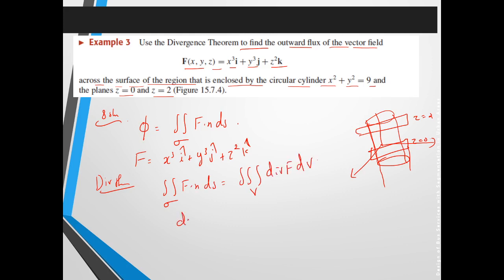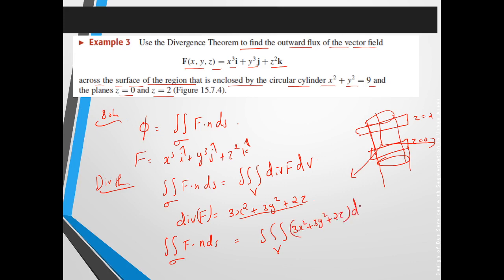Now find the divergence of F. It is 3x square plus 3y square plus 2z. So the double integral over sigma of F dot n dS is equal to the triple integral over V of (3x square plus 3y square plus 2z) dV.